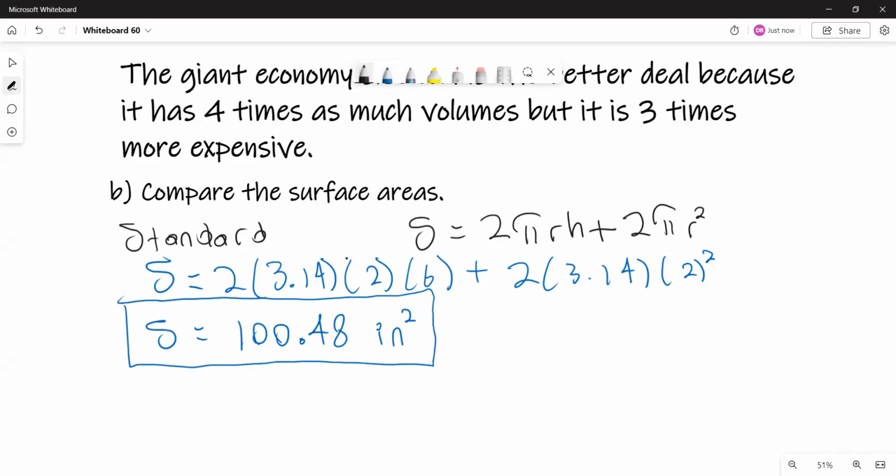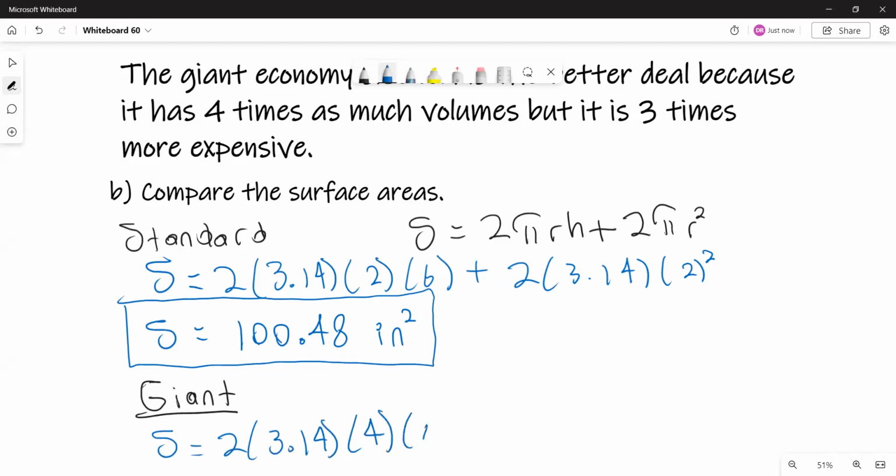And we're going to compare this to the surface area of the giant economy size can. The surface area is 2 times pi times radius times height plus 2 times pi times the square of the radius.